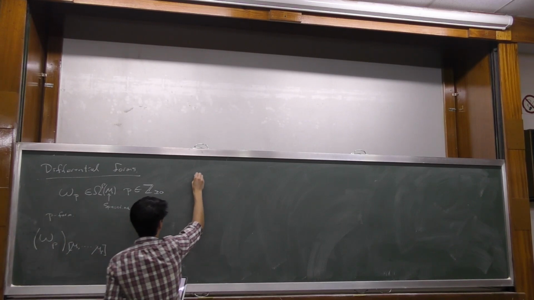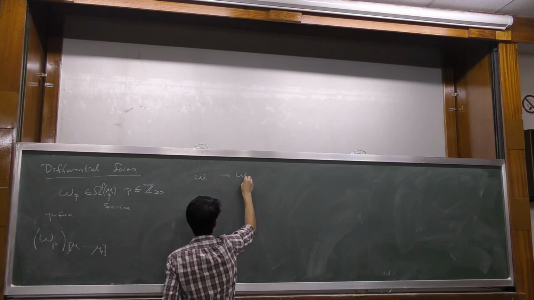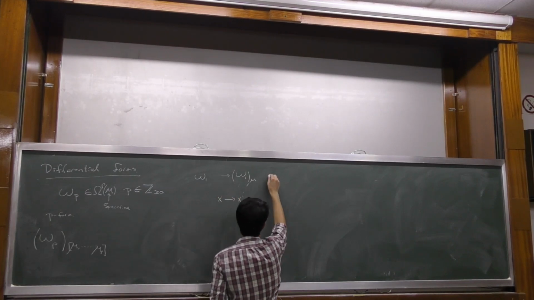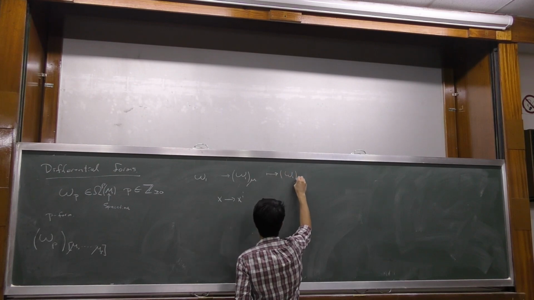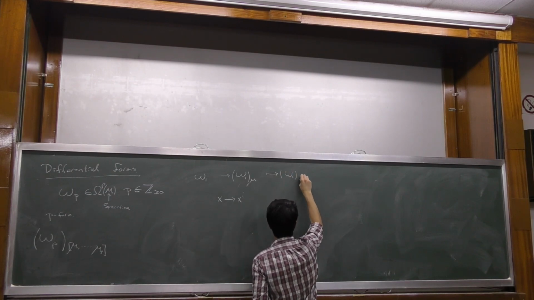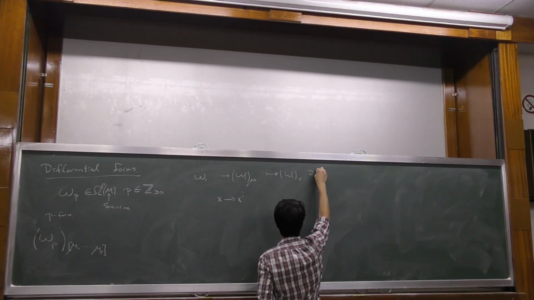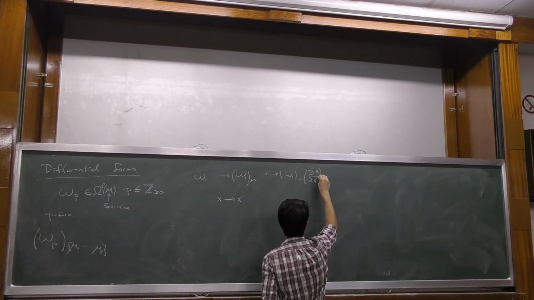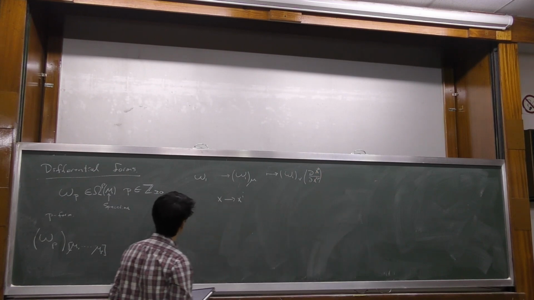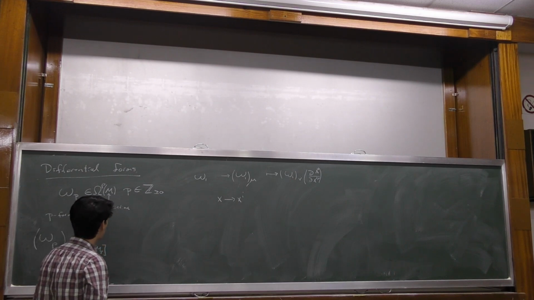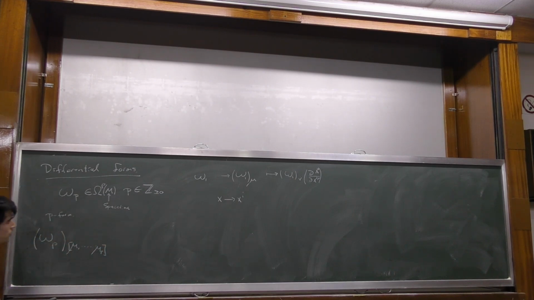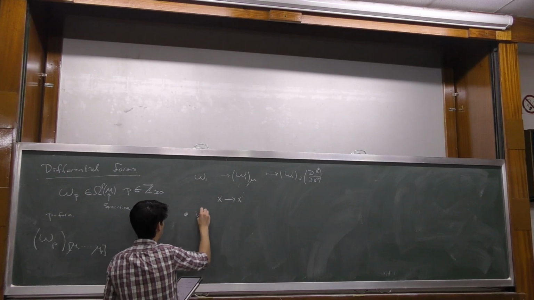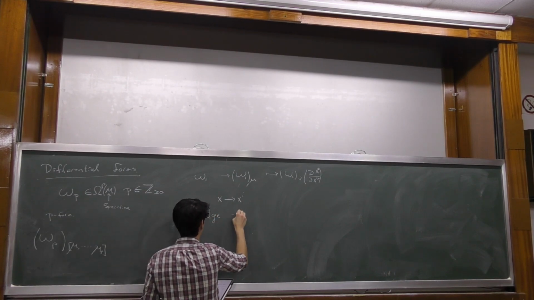So, for example, if you have a 1-form, then under a coordinate transformation x goes to x prime, and it is transformed accordingly. And there are two important things for calculus that we need. One is called the wedge product.